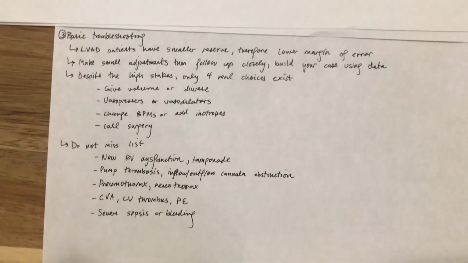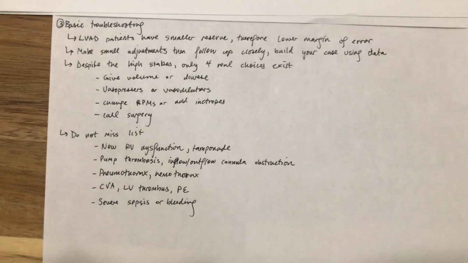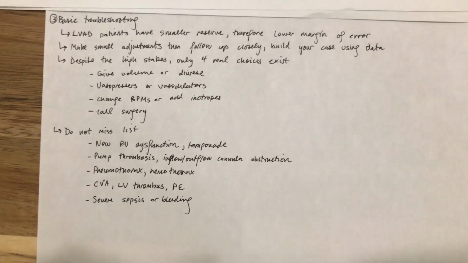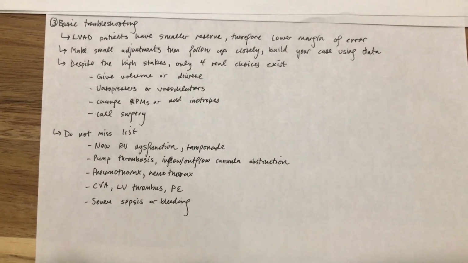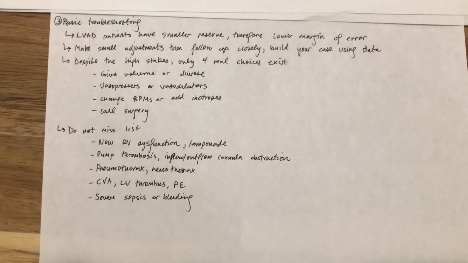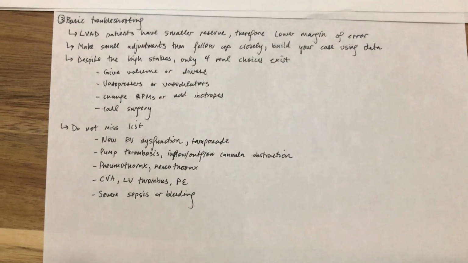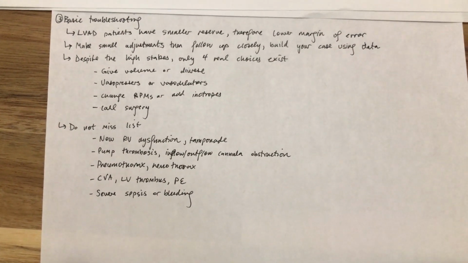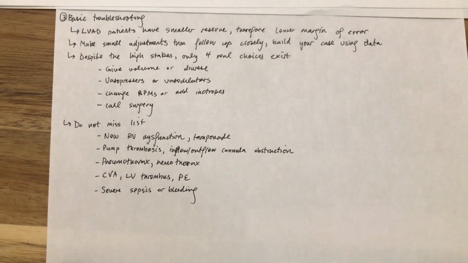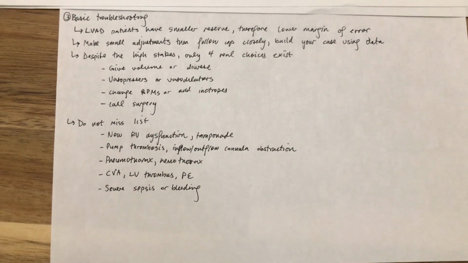Now, some basic VAD troubleshooting techniques that I found work very well. VAD patients have a much smaller reserve, so you have a lower margin of error, and this is both good and bad. It's bad in the sense that if you make big moves, you can make big mistakes.